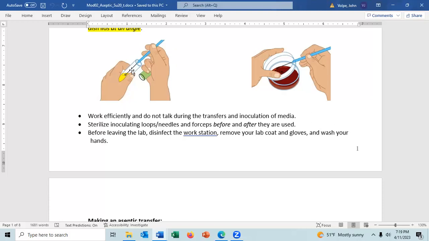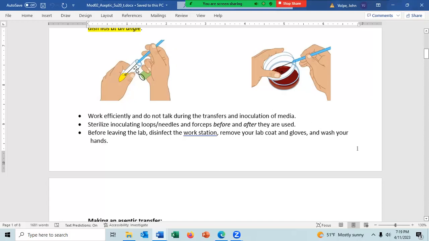Let's do another one that's even better. Here we go. Can you guys see the pen and the dish here? Anyone? Yeah. Okay. All right.